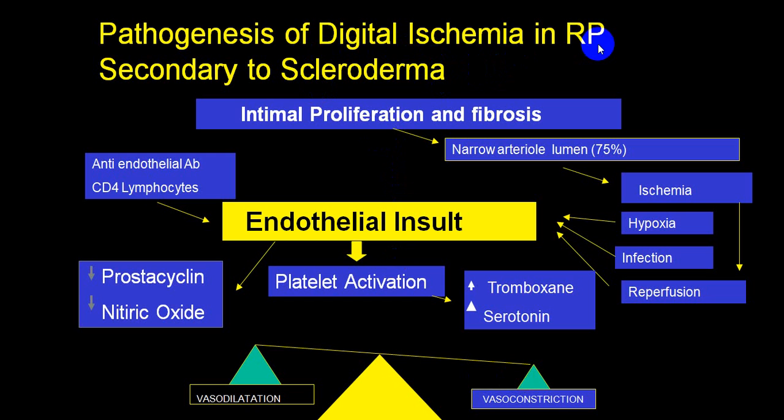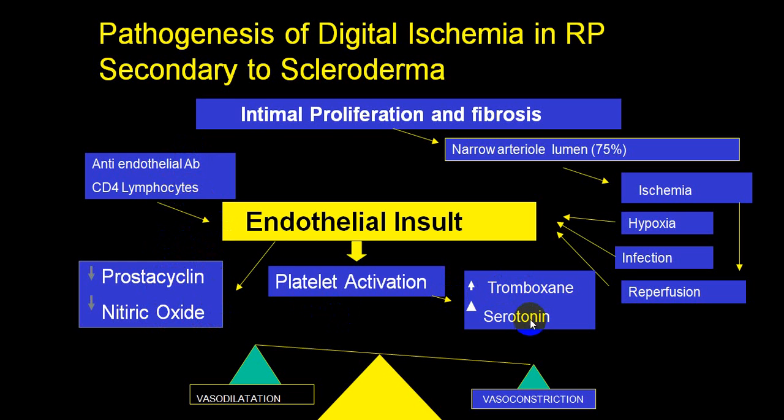In Raynaud's phenomena, there are certain things which will be happening in a secondary etiology. Say we take an example of scleroderma. There is an intimal proliferation. There is fibrosis, narrowing of the arterioles, and secondary to this, there is ischemia, hypoxia, infection that will further aggravate endothelial insult, platelet activation, and activation of lymphocytes, which will decrease the level of prostacyclin and nitric oxide.